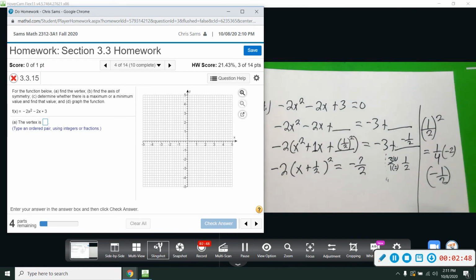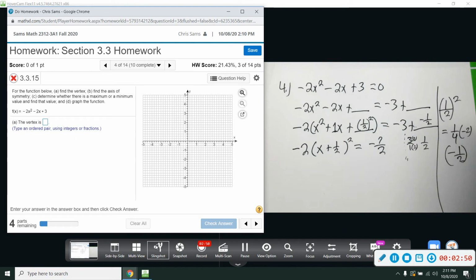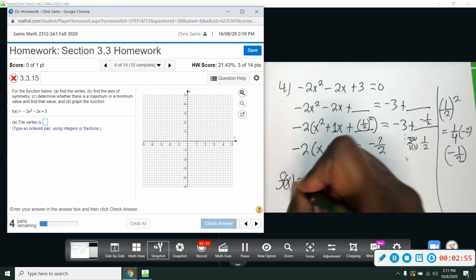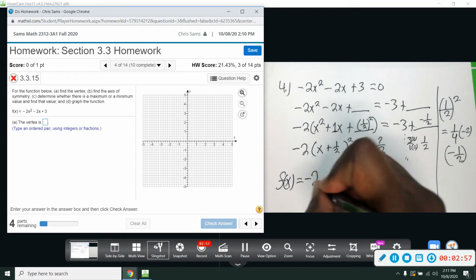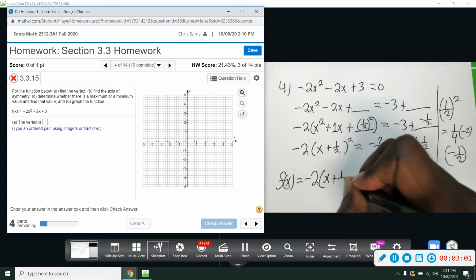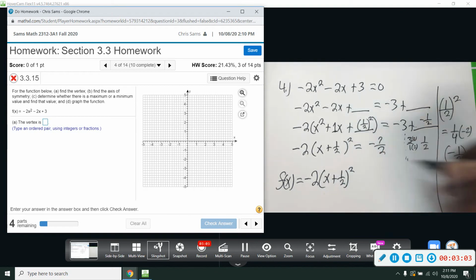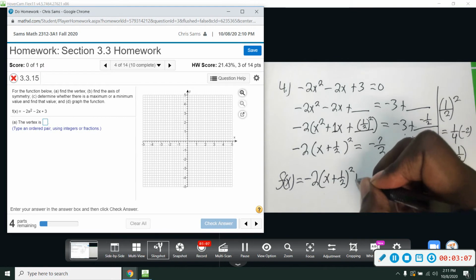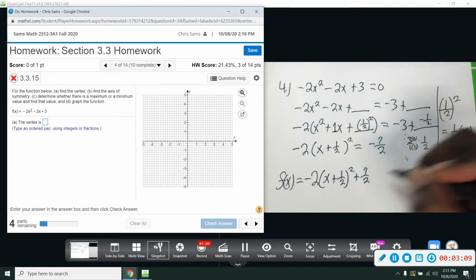And then final step, bringing it all together, f of x equals negative 2 times x plus 1/2 squared, and then we're going to add that over, so it'll be plus 7 over 2.